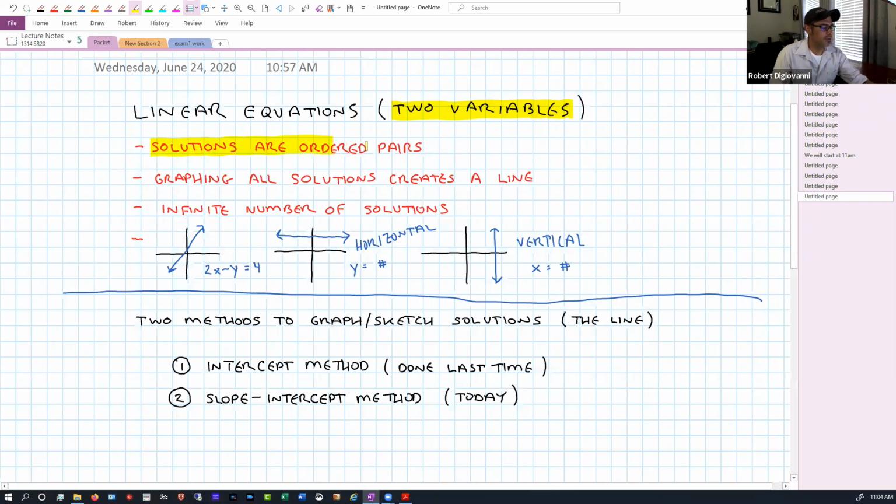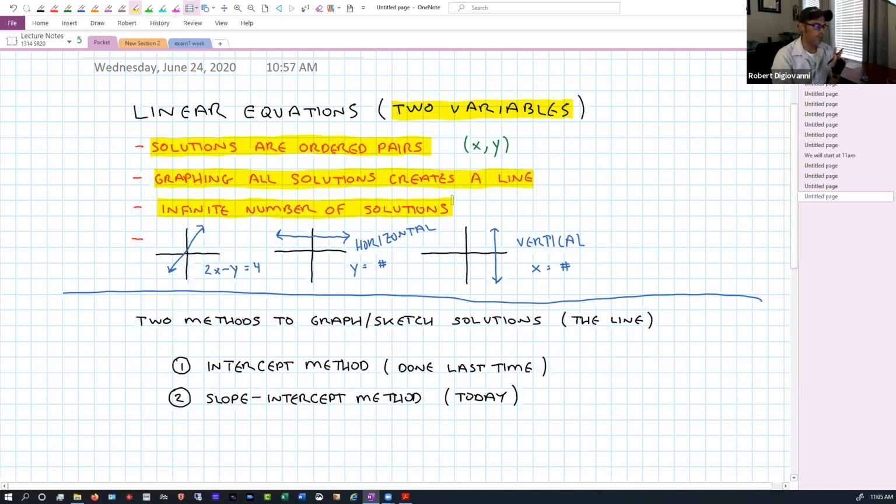And all of your solutions are these ordered pairs, x and y. And so if we look at all the different ordered pairs that make the equation true, and we graph each one of those on a sheet of paper using the x and y coordinate system, then when we graph them, we will get a straight line. And that straight line represents the infinite number of dots together. So we just need to remember we have an infinite number of answers, right?